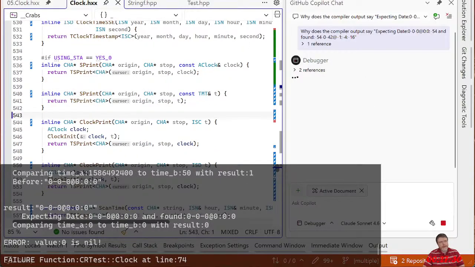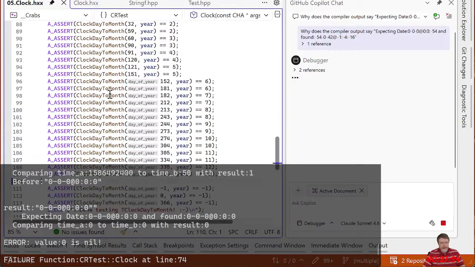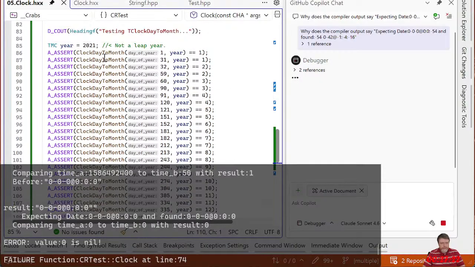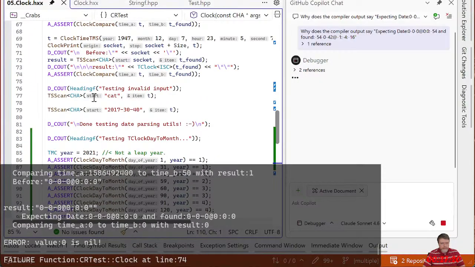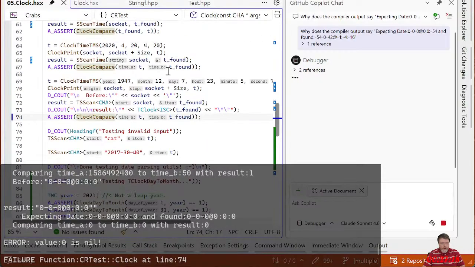So let's look at where the line is at. Line 74 in the unit test. Right here.